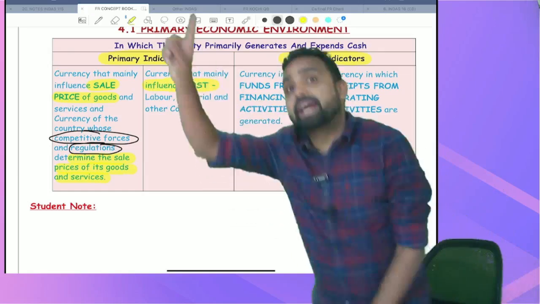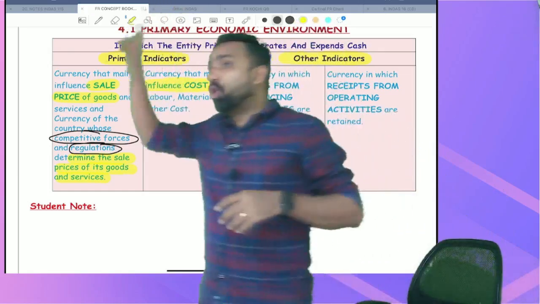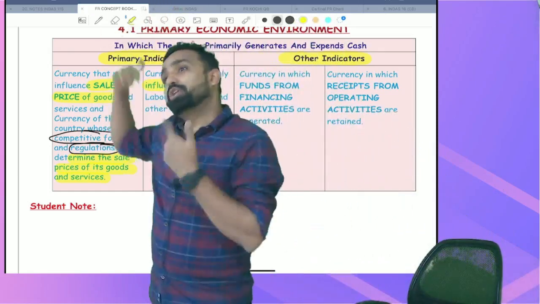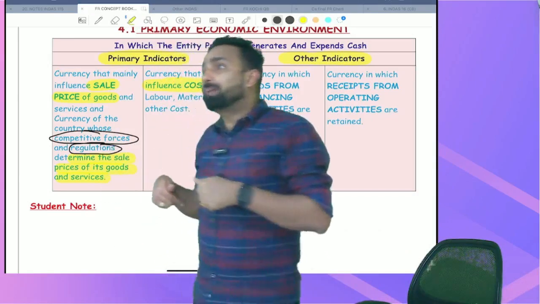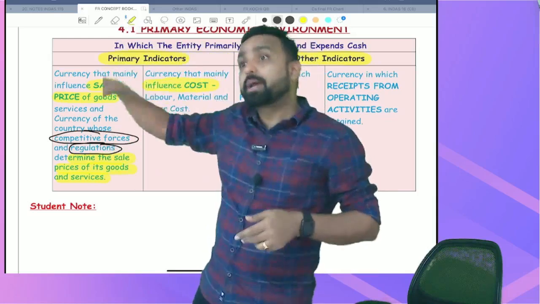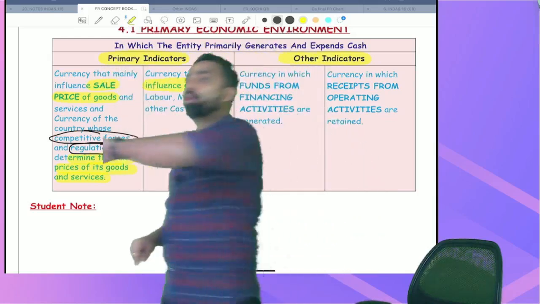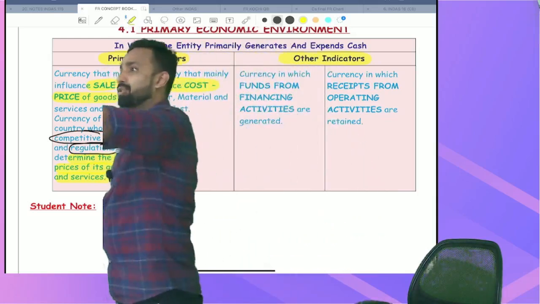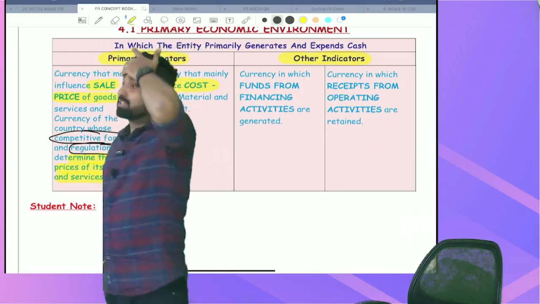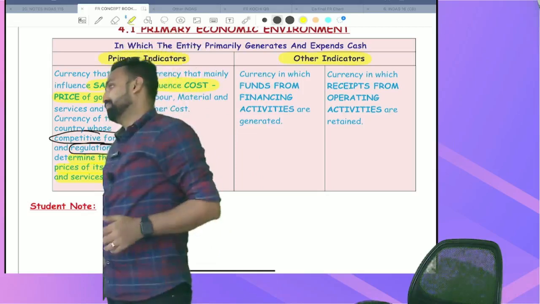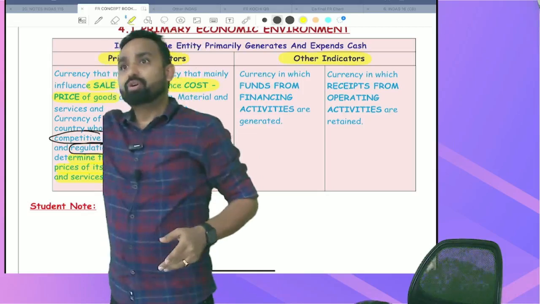Now, the first example I have given you: all the clients are from US. I do the US accounting of all my clients. So my sale price is getting affected from US, but at the same time, all the employees are from India. So my entire cost is getting influenced by Indian currency. Now it's a 50-50 situation. What should I do? Go to the other indicators now.